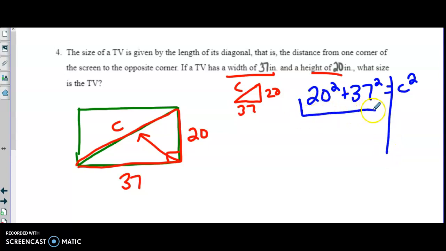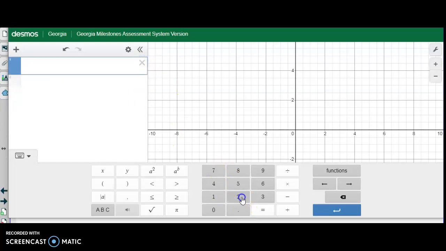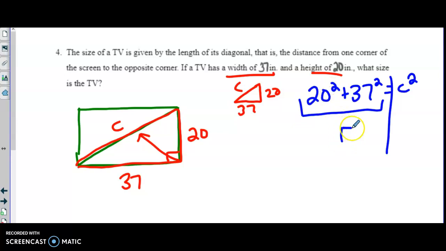I'm going to go ahead and type all of this in my calculator. 20 squared plus 37 squared, and that equals 1,769. But we want to find the side length C, so we got to get rid of the square.